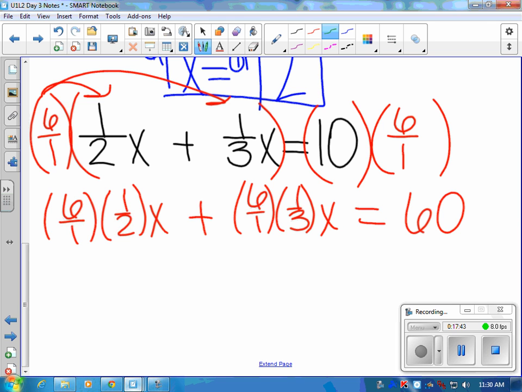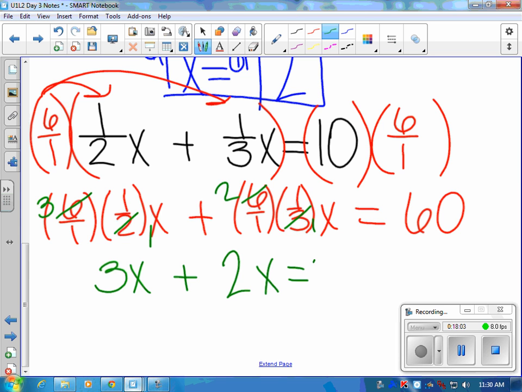Zach? So now I have 3 times 1 over 1 times 1. And what does it simplify to? 6 over 3. 2. So 2 times 1 over 1 times 1. Does this look a little bit more simple?